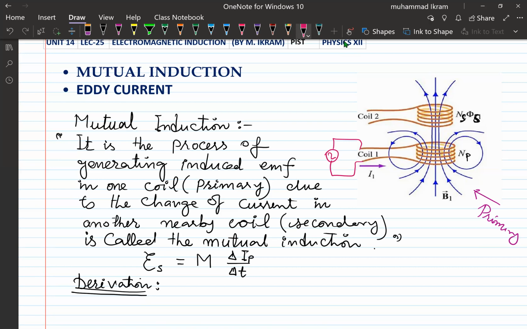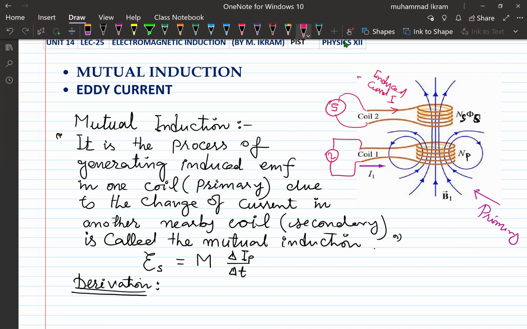Here you do not have the source. Here you will see the induced circuit, the induced current. Let's say for example the current is flowing in this direction, and this is I, the induced current. Here it will be indicated by the galvanometer, like this one.